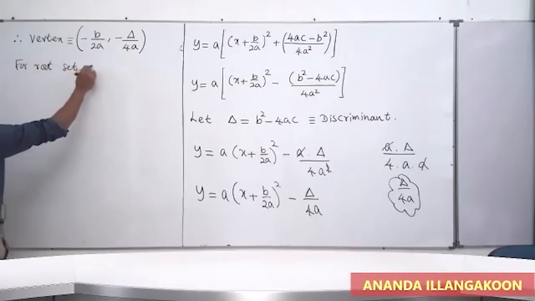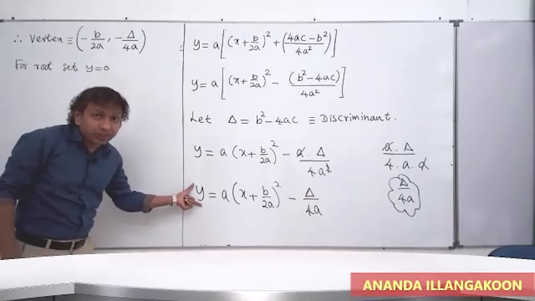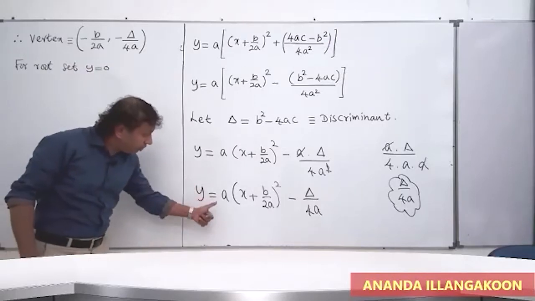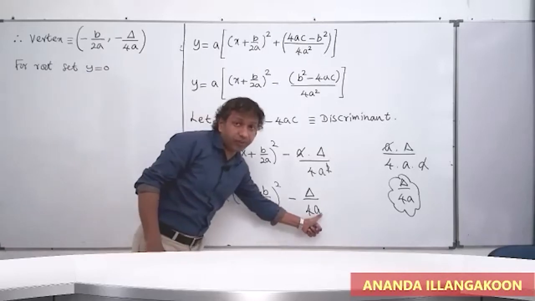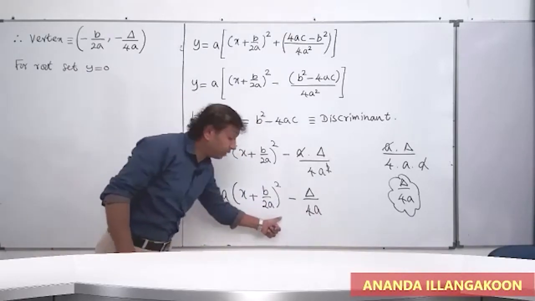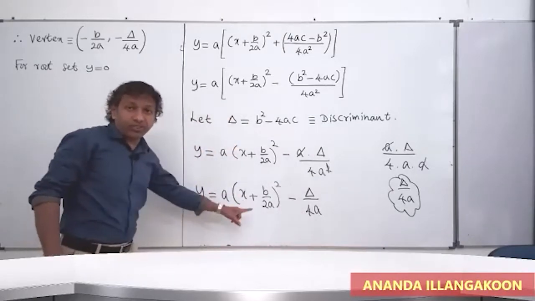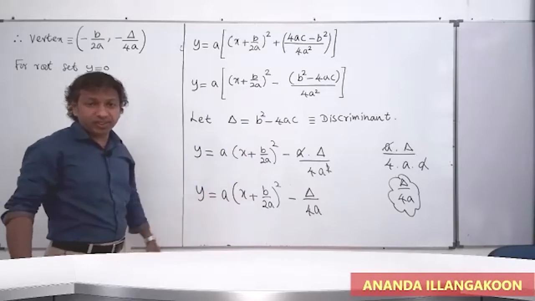Set y equals 0. Why is this, people? When you put y equals 0 here, 0 equals what, people? The right hand side. That says the right hand side equals 0, no? 0 equals this means this equals 0, the same thing. Right.